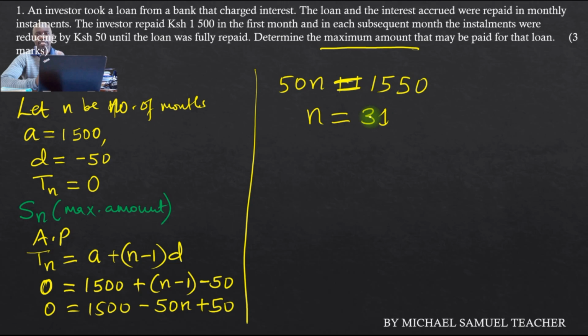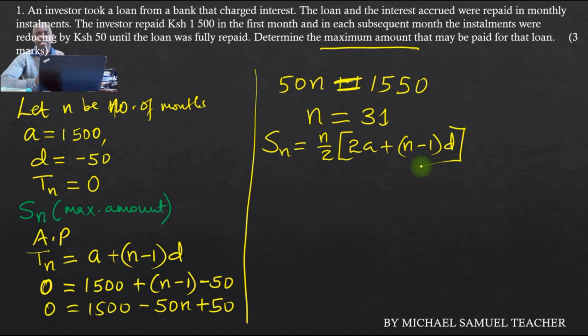But we are not through yet, now we need to get the maximum amount that may be paid for that loan. So we already know n, and in AP, the sum of n terms is given as n over 2 into square brackets, 2a plus n minus 1 multiplied by d, close the bracket.